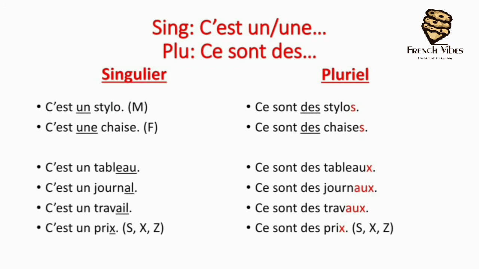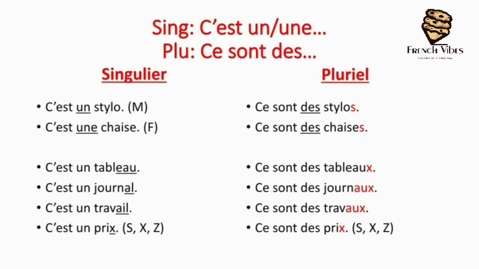C'est un travail, which means it is a work. Now, travail ends with ail, right? So, whenever a term ends with ail, in its plural form, it becomes aux. So, c'est un travail will become ce sont des travaux. So, if in singular form a term ends with al or ail, in its plural form it becomes aux and it is pronounced as o.